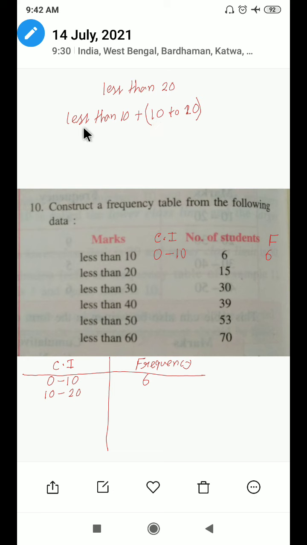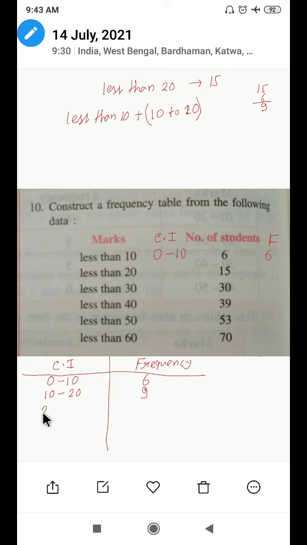You have to subtract the less than 10 frequency. The less than 10 frequency is given here as 6 and the less than 20 frequency is given here as 15. So you have to subtract this 6 from this 15. What will you get? You will get 9. So the 10 to 20 frequency is 9.